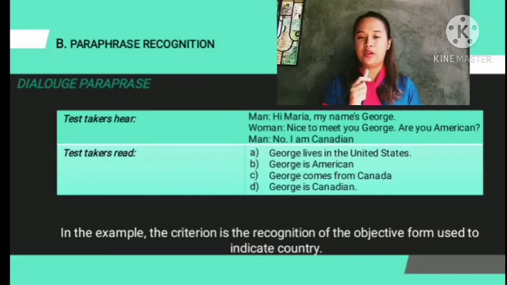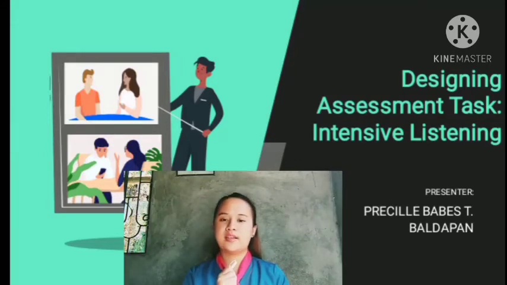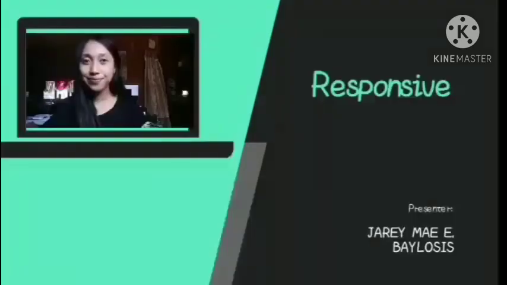In the example, the criterion is to sum it up. Intensive listening assesses students on how they would recognize phonological and morphological differences when listening, as well as how they would comprehend sentences.